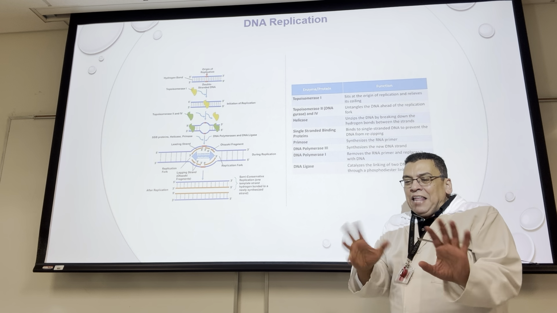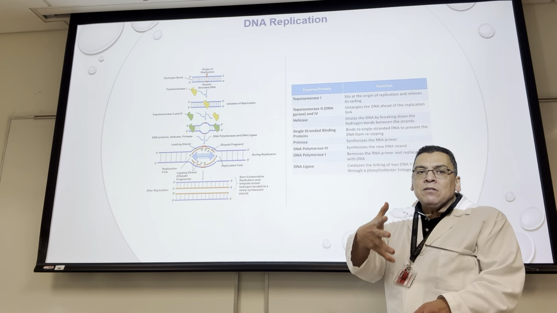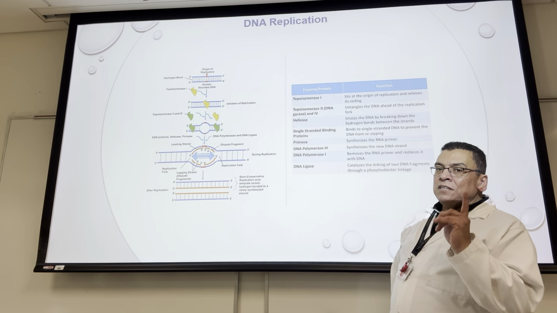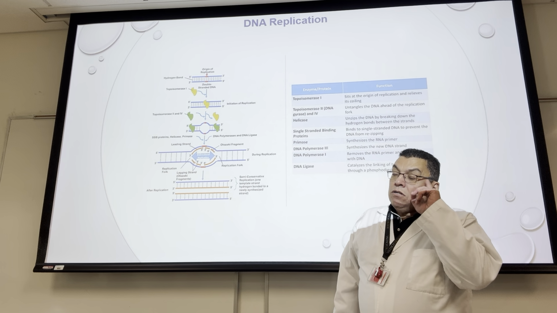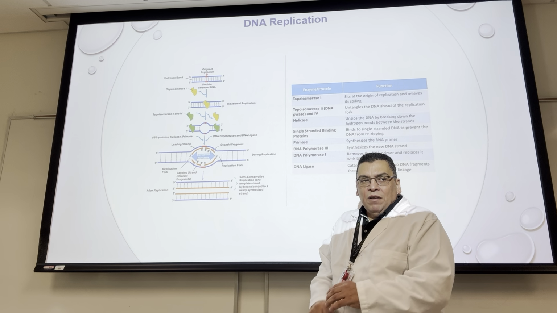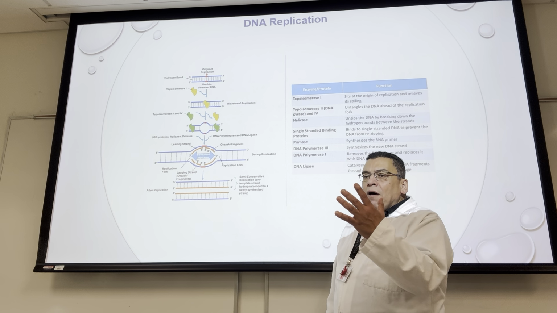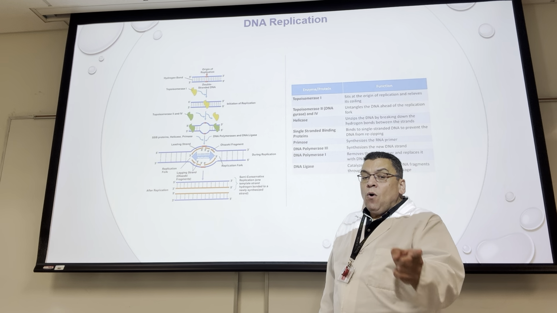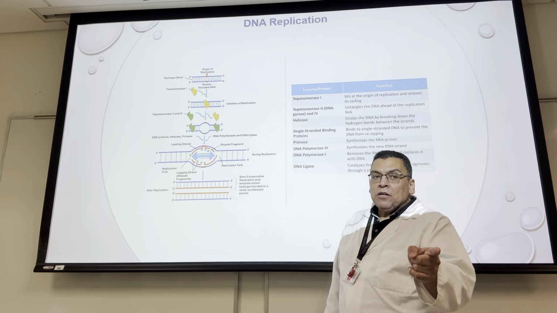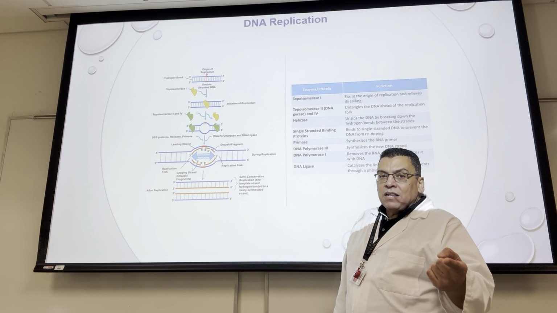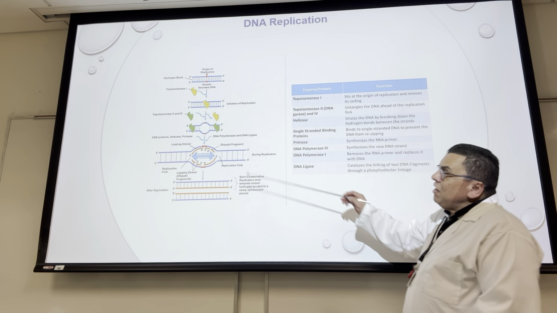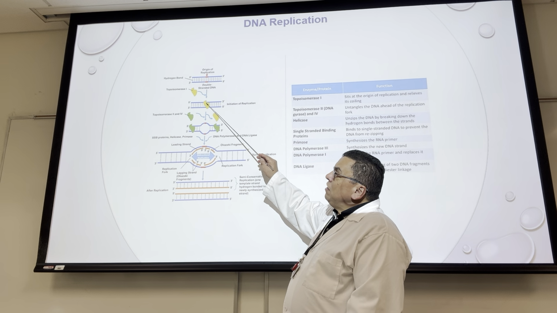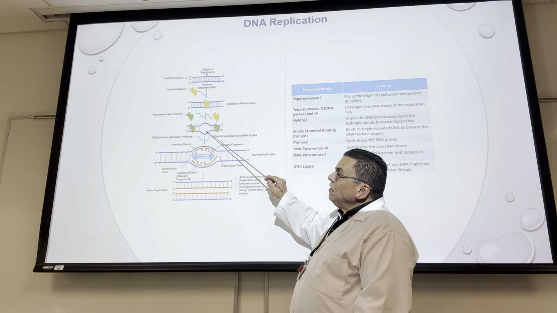The enzyme binds to that sequence. Which enzyme? Topoisomerase. Topoisomerase 1, as it's floating by, will recognize that's the origin of replication, and that's where I need to sit. And it will sit on the origin of replication, and look what it does.